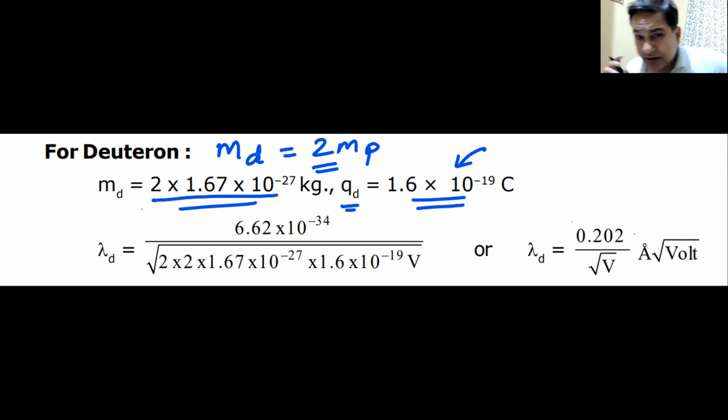And if you remove the electron, that becomes your deuteron. So the mass consists of a nucleus with a neutron and a proton, and the masses of neutron and proton are almost similar. That is why it is 2 times the mass of the proton, and the electron is removed, so the charge is the charge of a proton. The formula for the deuteron becomes 0.202 divided by √V.